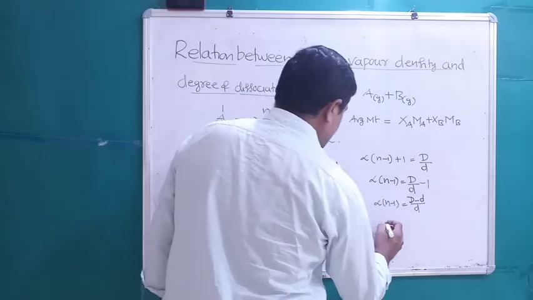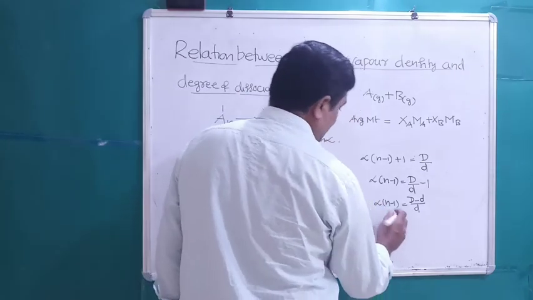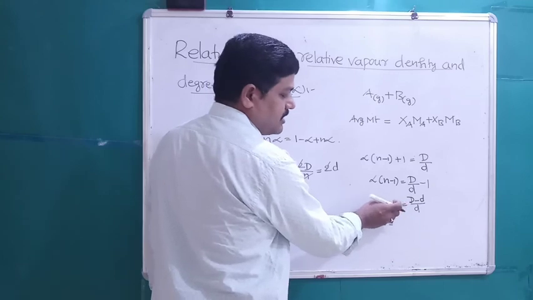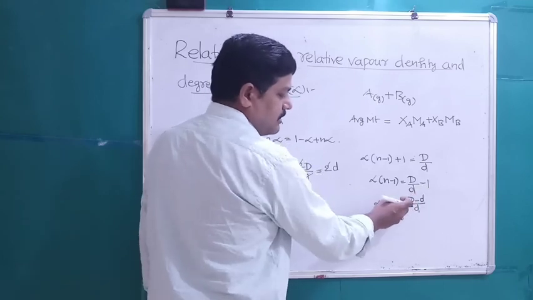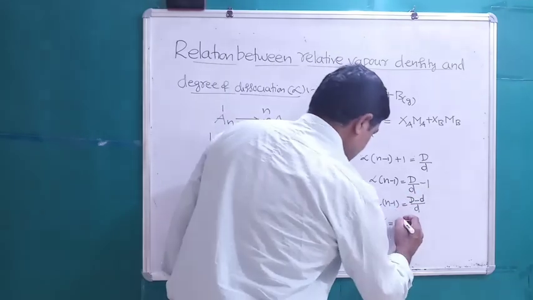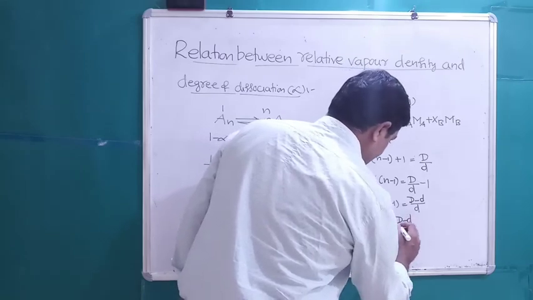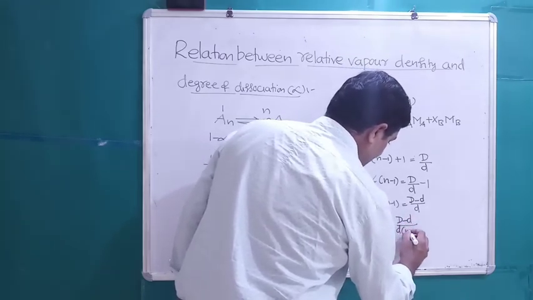So we need the expression for alpha. Alpha is equal to, when we transfer n minus 1 to the right hand side of the equation, it comes in the denominator. So D minus d divided by d into n minus 1.